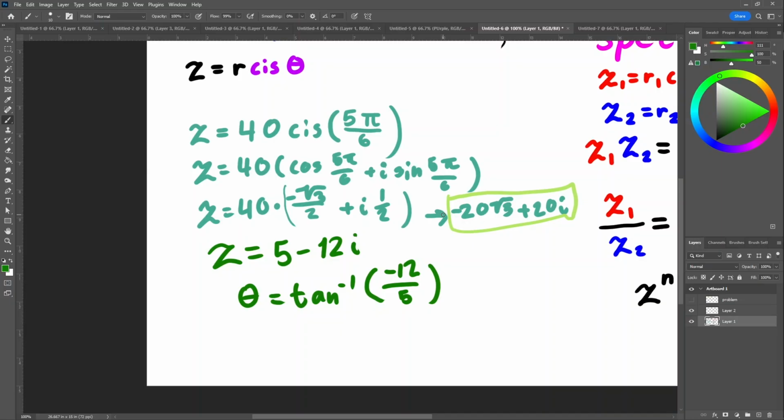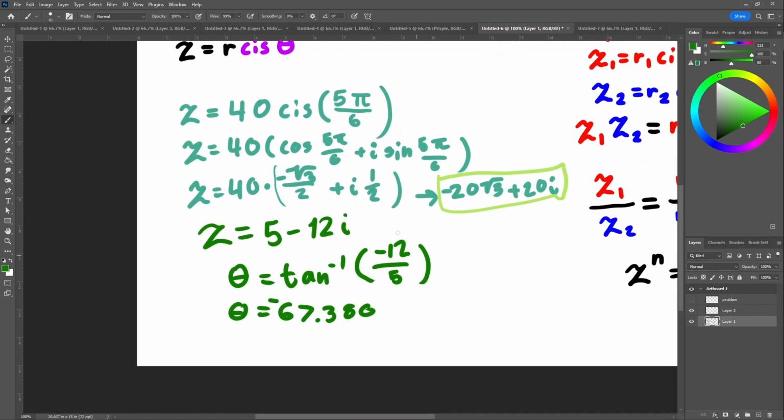Now, this would be, again, in the fourth quadrant, as we had in our last problem, and I got from the calculator negative 67.380 is equal to our theta. Because I'm too lazy to convert that back into degrees, we'll just stick with that.